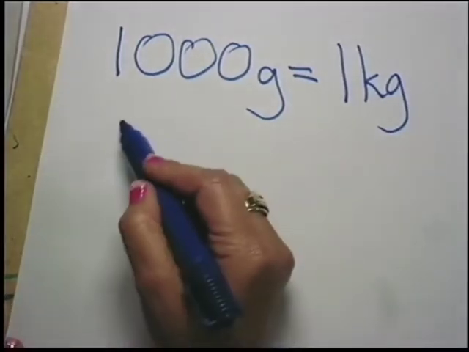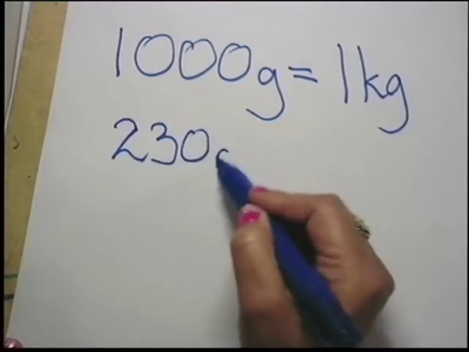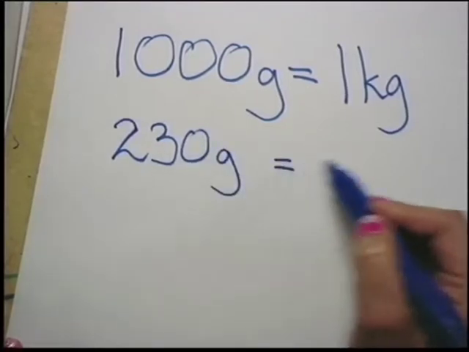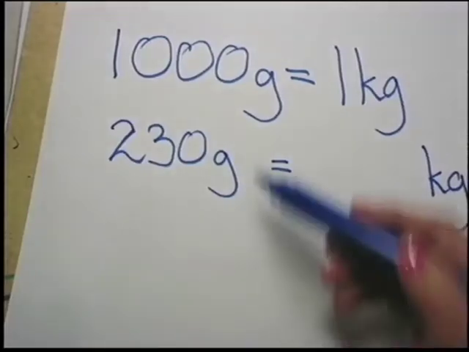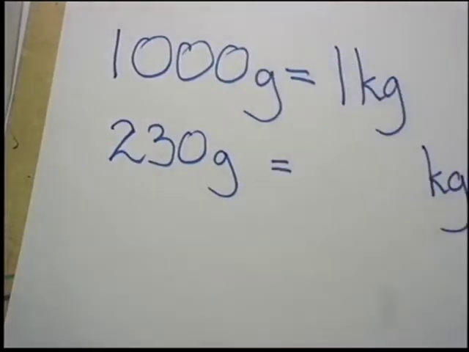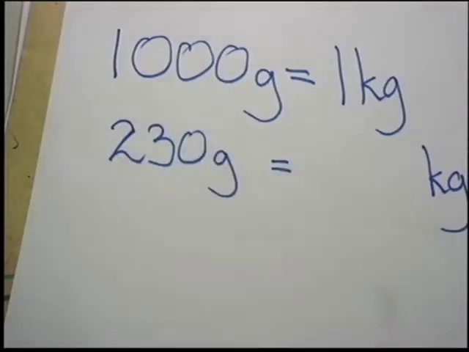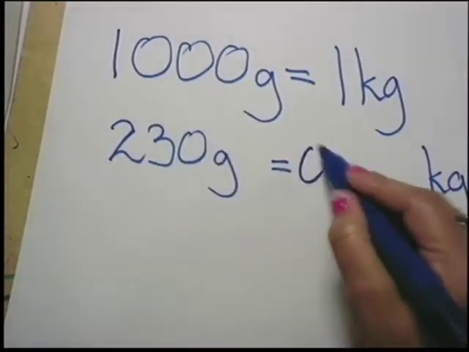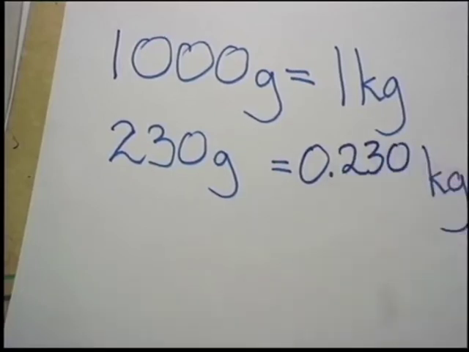So if I am given 230 grams to convert to kilograms, what do I know? If 1,000 grams equals 1 kilogram, 230 grams is less than 1,000. So I will have 0.230. That is how I convert.